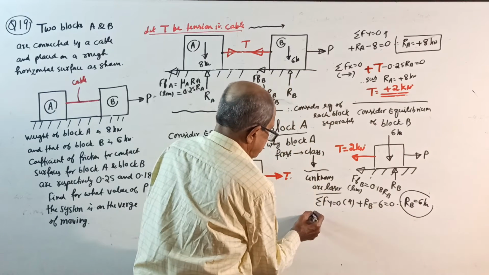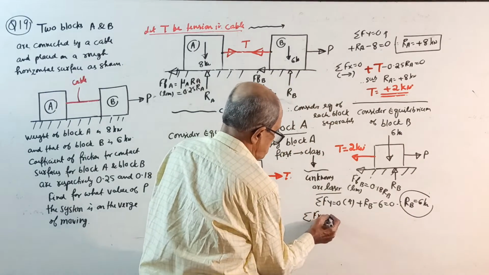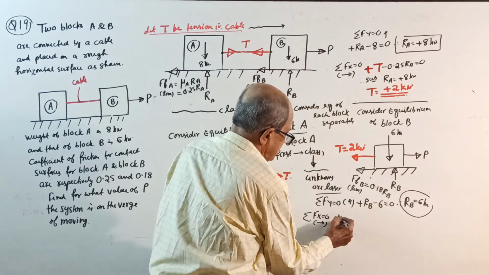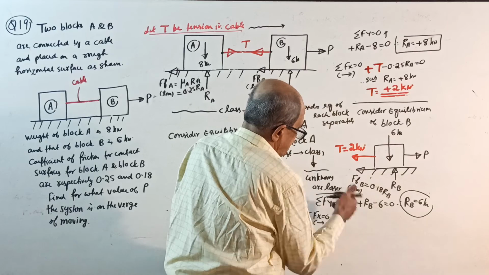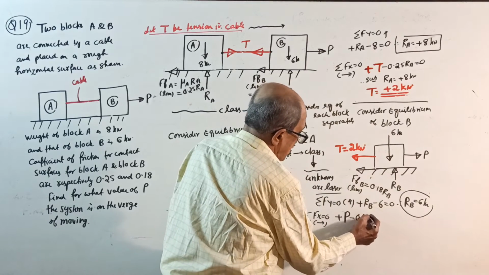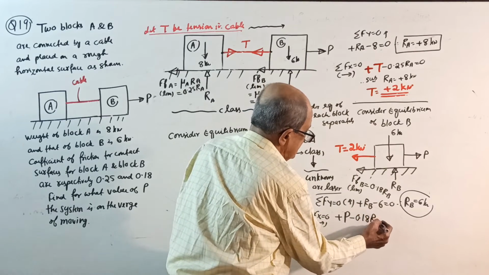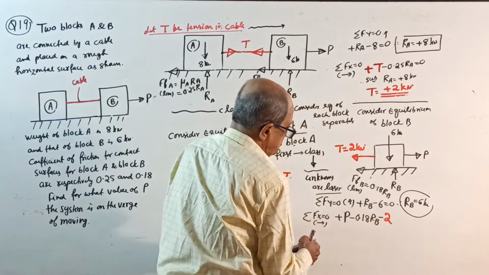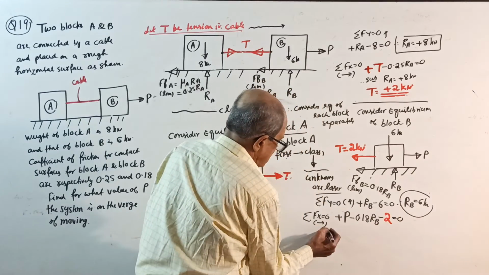Then sigma Fx equal to 0, take right side positive. Then plus P minus 0.18 into RB minus 2, the tension, equal to 0.